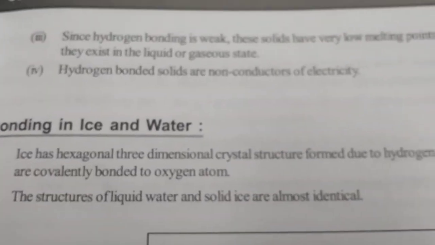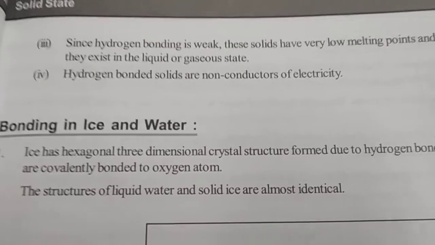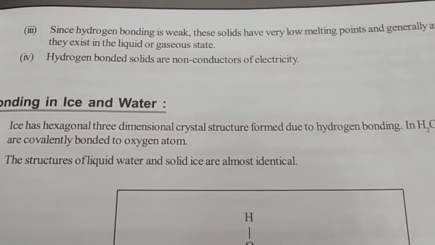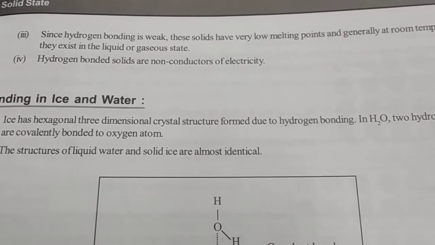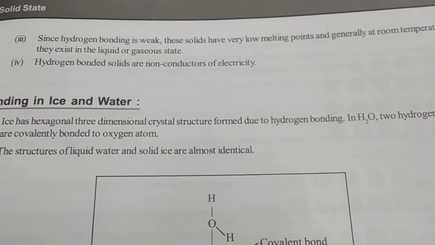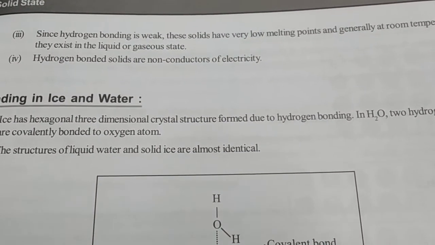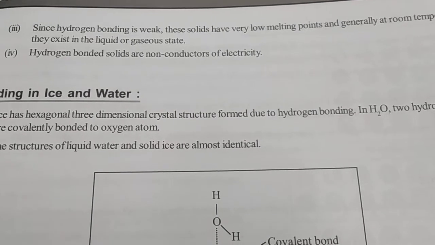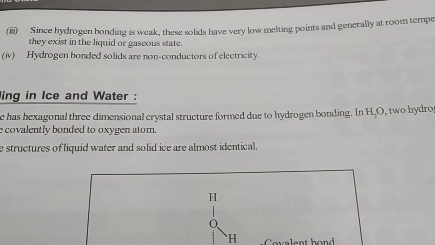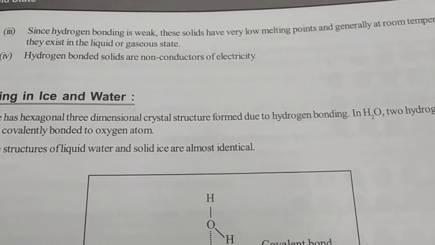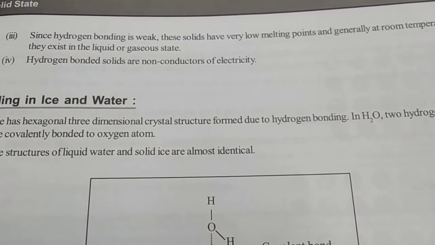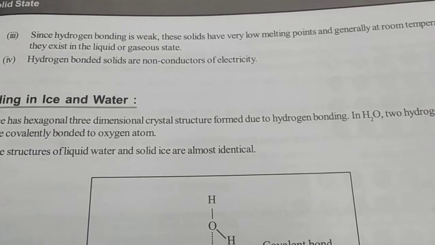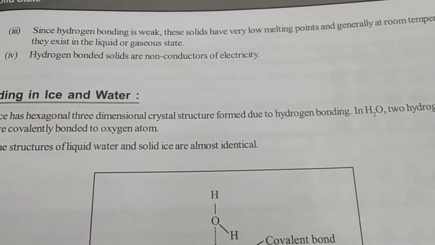Since hydrogen bonding is weak, these have very low melting points, and generally at room temperature they exist in liquid or gaseous state. Hydrogen bonding is stronger than in non-polar molecular solids, but as compared to other types of interaction, it is a weak one.